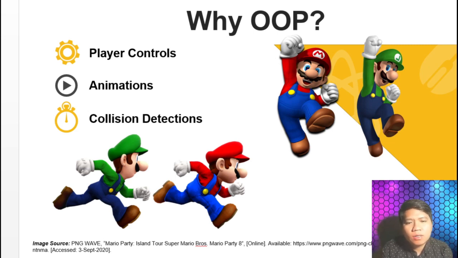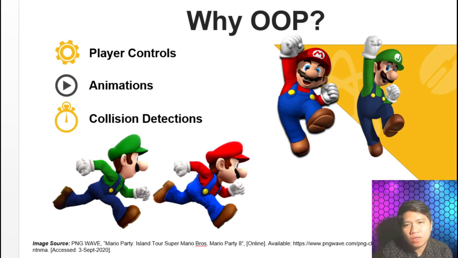Whatever Mario can do in the game can also be done by Luigi. We will not make separate code for Luigi; we will just reuse the player controls code from Mario to perform the same movement with Luigi.